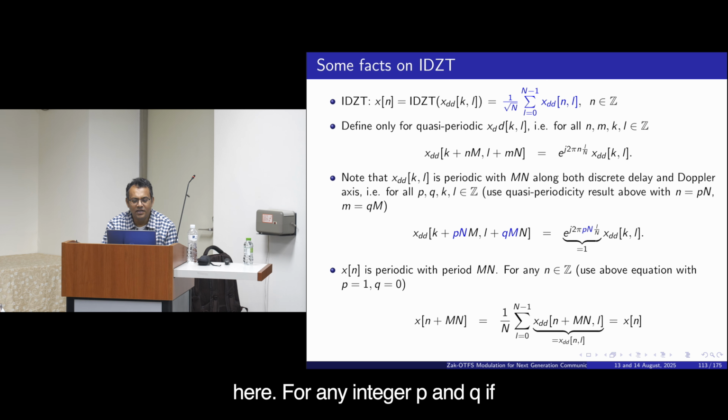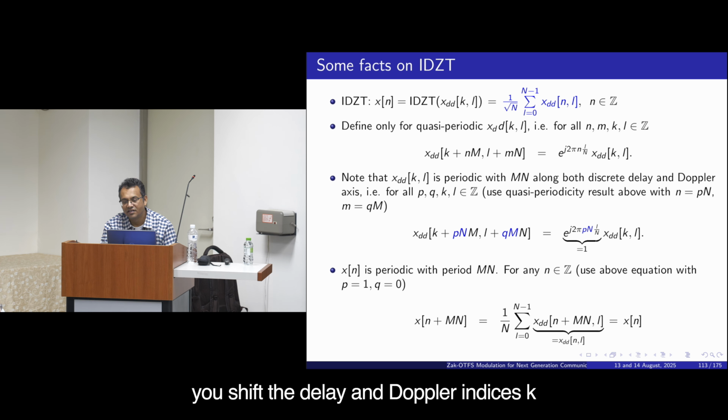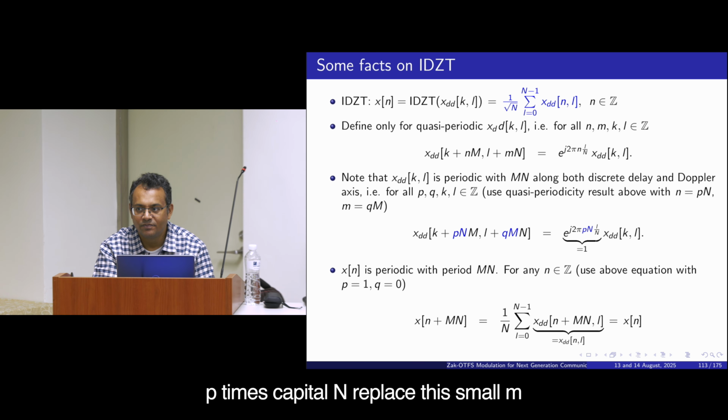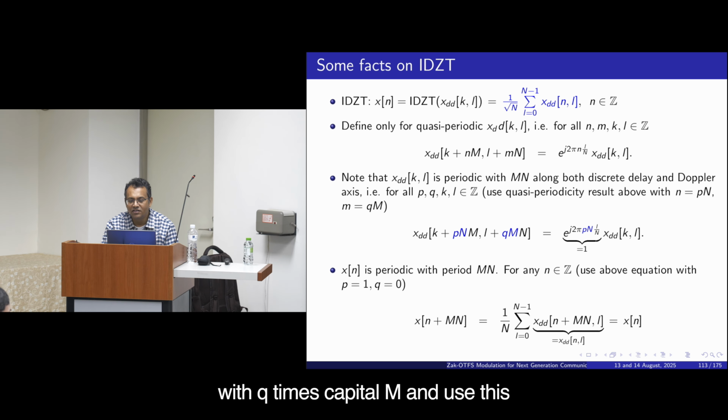For any integers p and q, if you shift the delay and Doppler indices k and l by integer multiples of MN, then if you see this formula, you replace the small n with p times capital N, replace the small m with q times capital M, and use this result, right. What do you get?